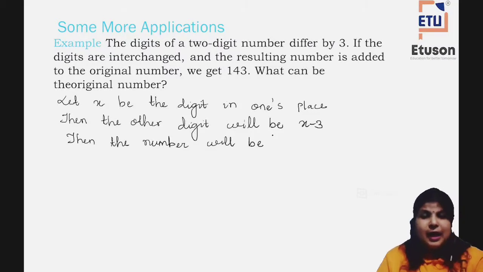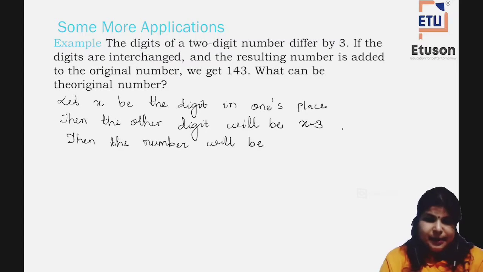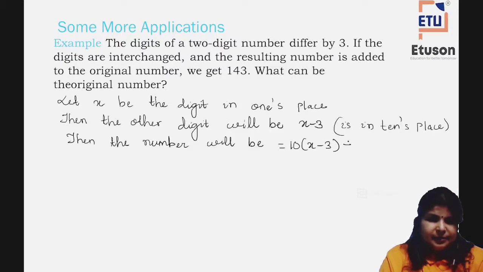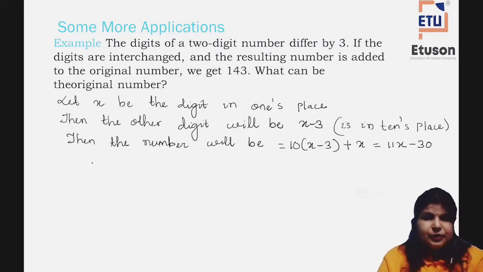You have to add the place value of the corresponding digits. So if x is in ones place, then the other digit, that is x minus 3, is in tens place. Correct? So what will be your number then? Your number will be 10 into (x minus 3) plus x, that is equal to 11x minus 30. Now we are going to interchange the digits.